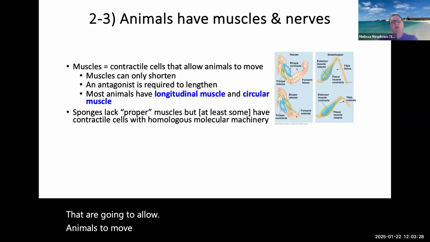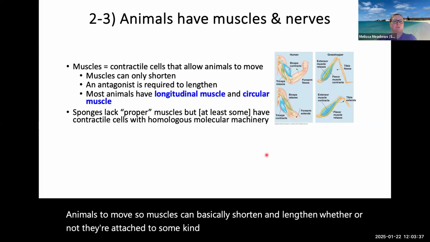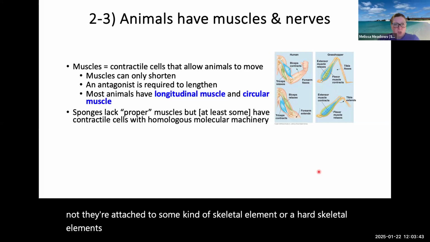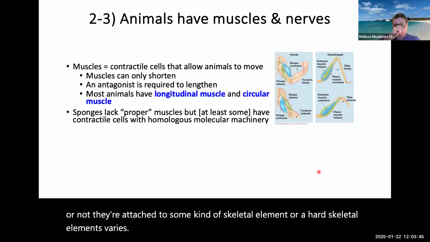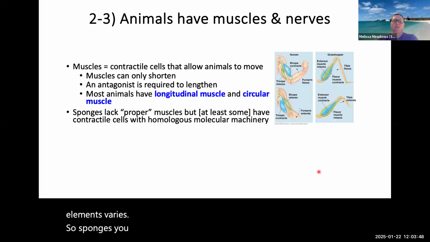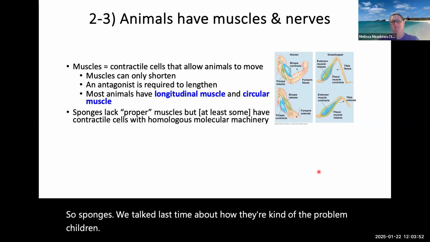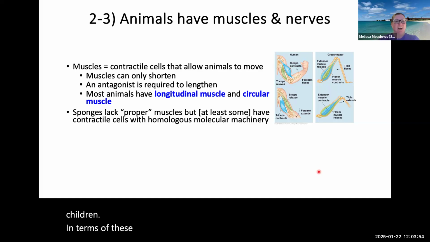So muscles can basically shorten and lengthen, whether or not they're attached to some kind of hard skeletal element varies. So sponges, we talked last time about how they're the problem children in terms of these animal characteristics.